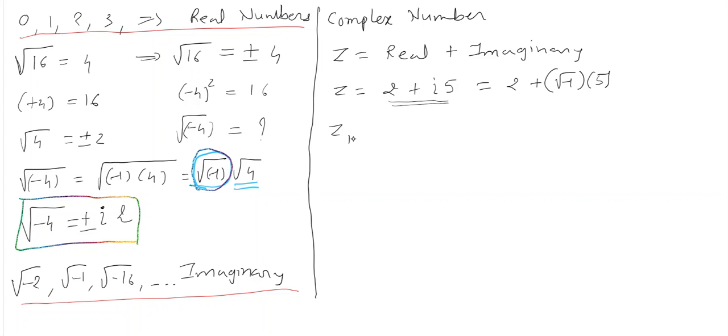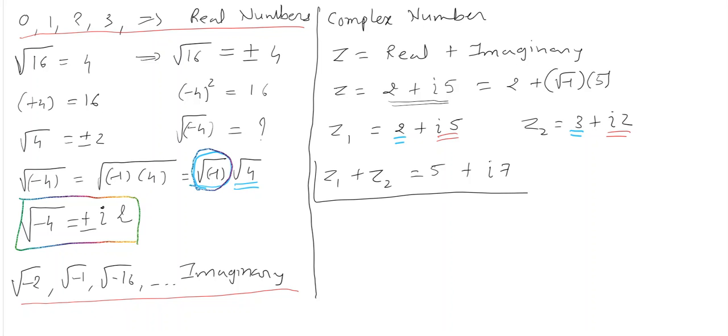But if you have z1 as 2 plus i5 and z2 as 3 plus i2, and you want to find z1 plus z2, you can happily add real with real, so you'll get 2 plus 3 as 5, plus imaginary with imaginary, so 5 plus 2 as 7. So in addition it is possible, but not otherwise.